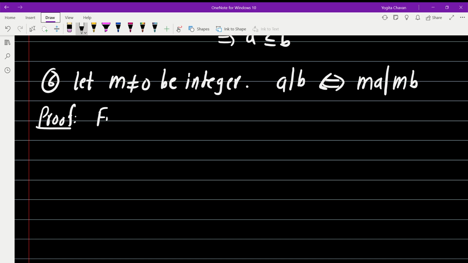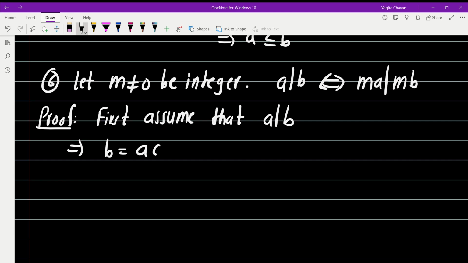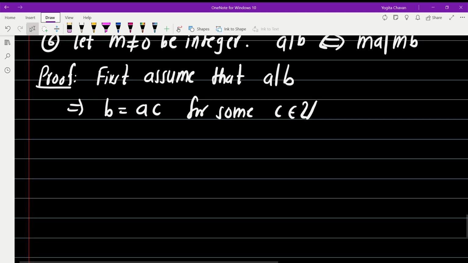So first assume that a divides b. This implies this b is equal to a into c for some c belongs to z. कोई तो एक इंटीजर c रहेगा. This implies bm is equal to a into c into m. ठीक है, m is non-zero integer.